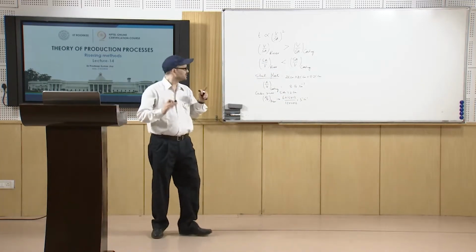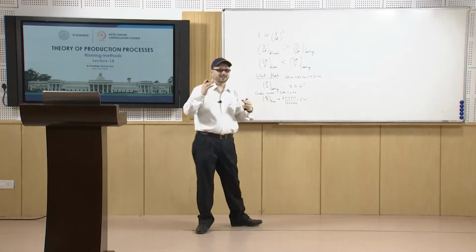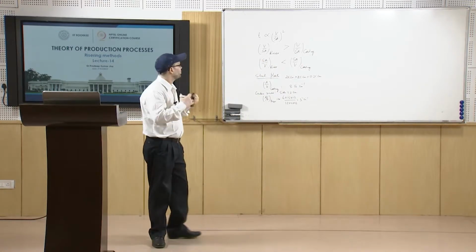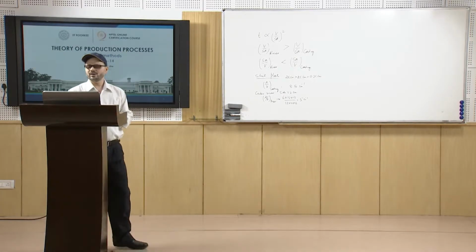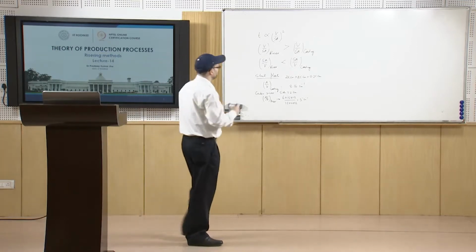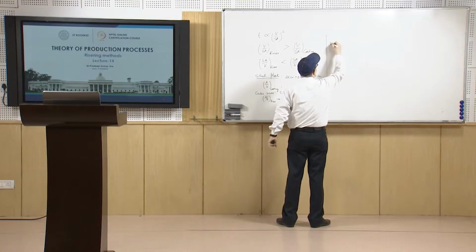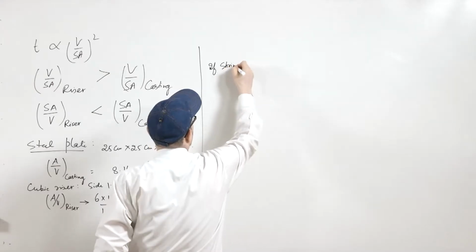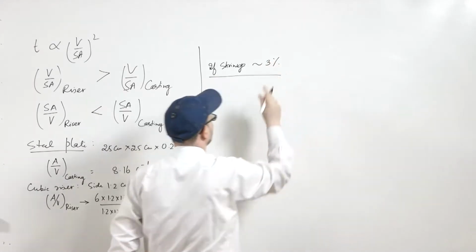This condition is satisfied, but let us see whether it is satisfied on the aspect of the quantity of metal which is required. Suppose the volumetric shrinkage is 3%.